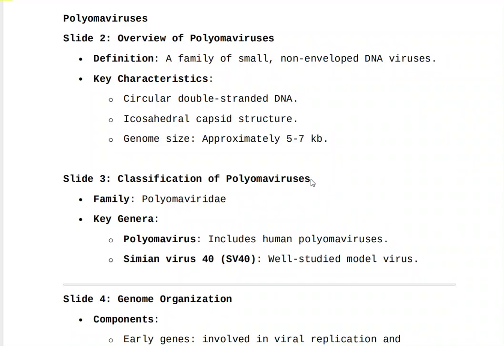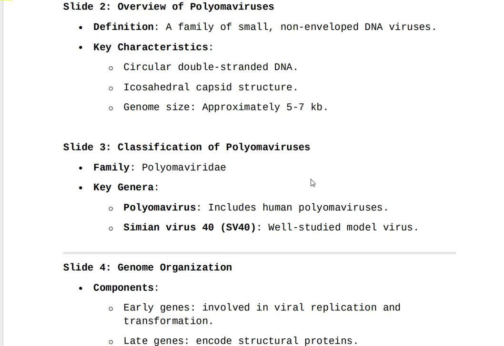Polyomavirus. This is a family of small non-enveloped DNA viruses with circular double-stranded DNA and an icosahedral capsid structure, and the genome measures only 5 to 7 kb.